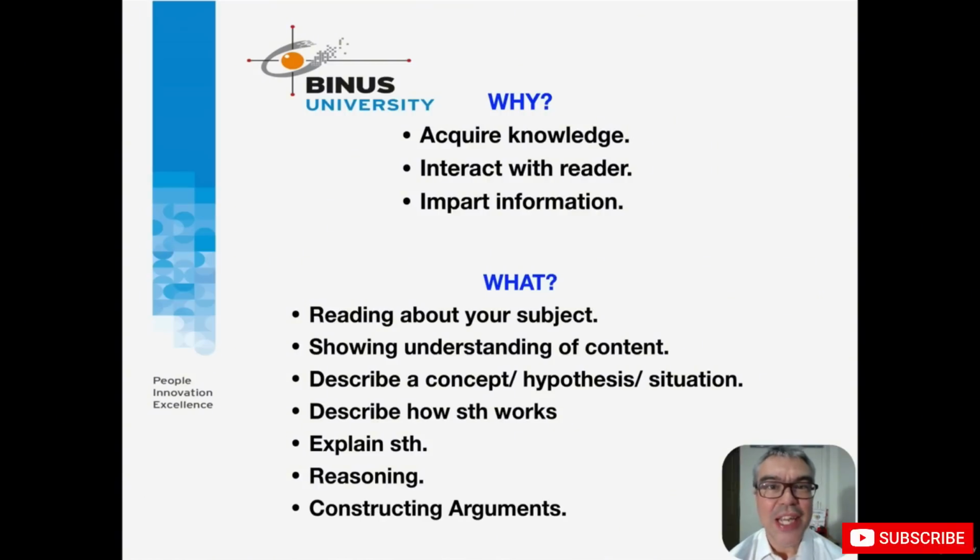And critical thinking is about discussing the strengths and weaknesses of the ideas and concepts presented in the books and journals and articles that you are reading. So in order to do that, you need to construct an argument and give supporting points that include facts and information that explain why you think the way that you do. So this is an important area that we will also look at in this course.